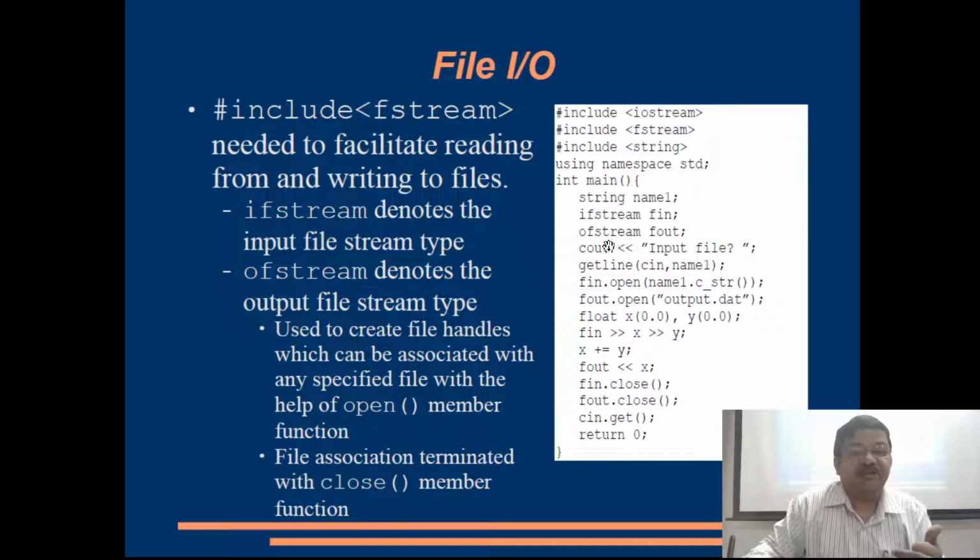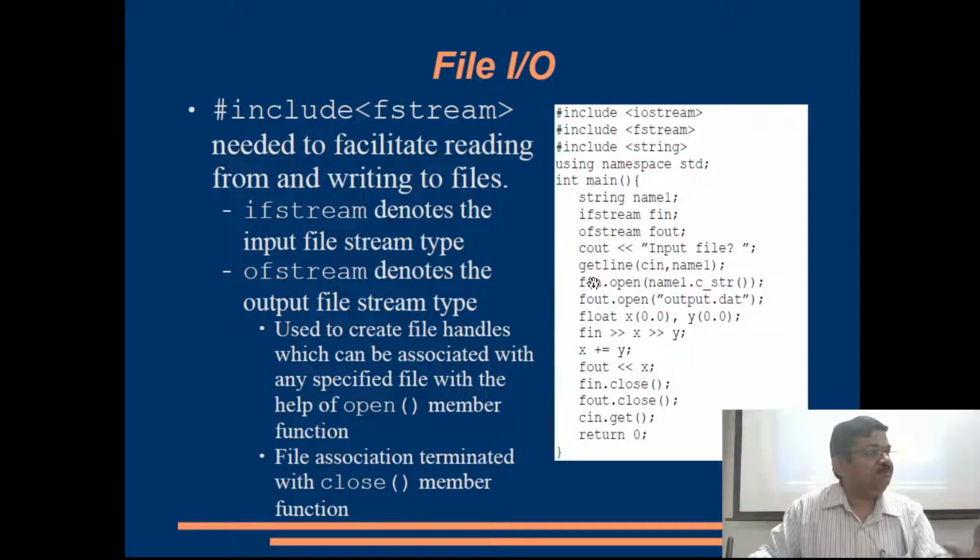So I define this fin as an object of input file stream, but I need to assign to fin which file it should read from, or which file it is mapped to. Similarly, fout needs to have one particular file assigned to this object.